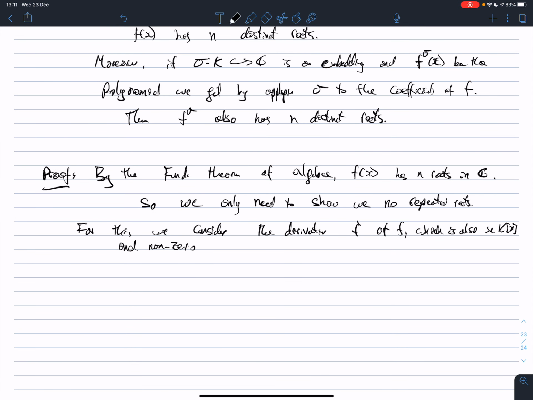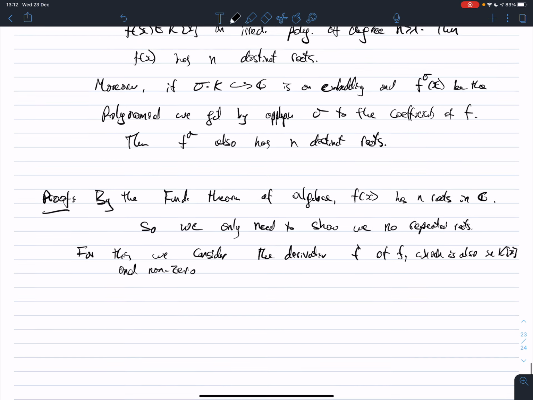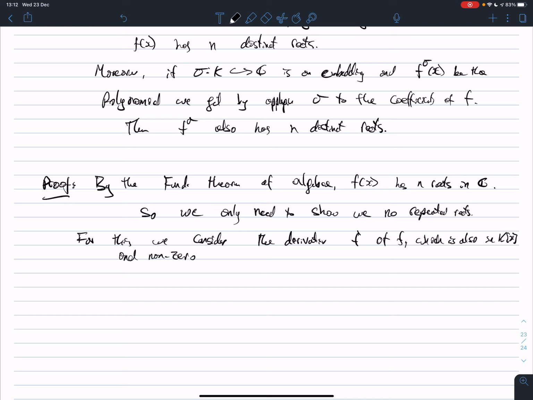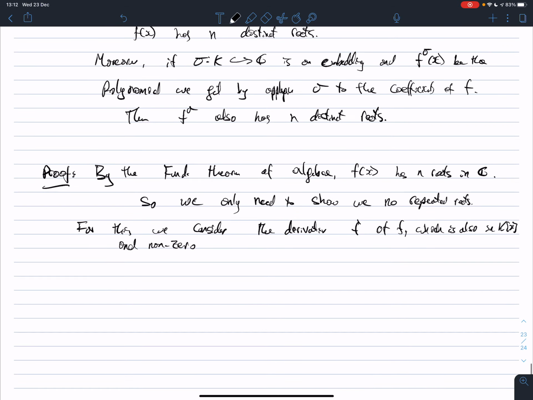The derivative could be a constant, but it's not the number 0, because if my polynomial was constant, then when I differentiate it, I get 0. So it's something non-zero. Now note that if f had a repeated root, then f and f prime would share a common factor.